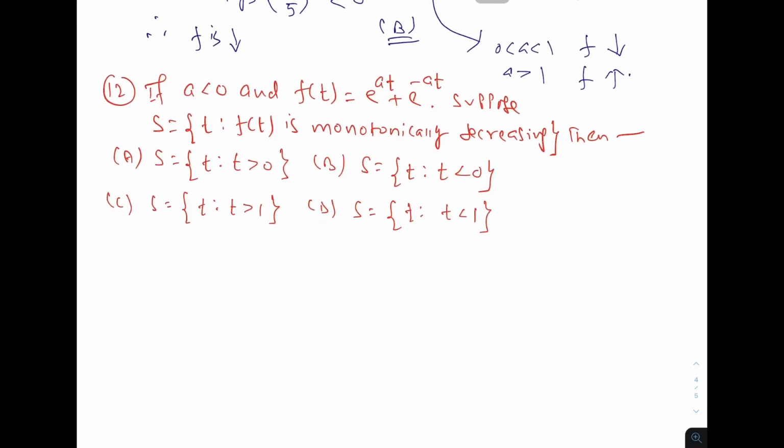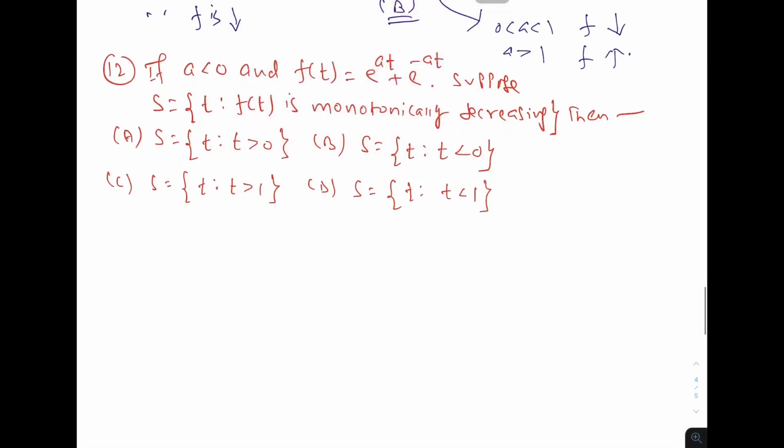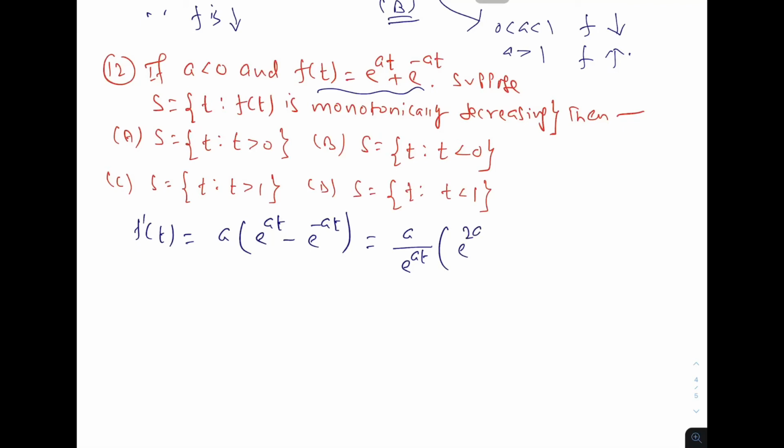Now let us find f dash t. So f dash t equals a times e power a t minus e power minus a t. We can also write it this way: a over e power a t times e power 2 a t minus 1.